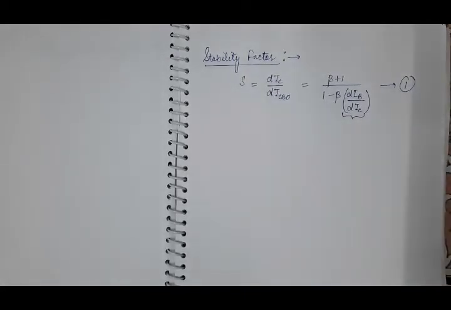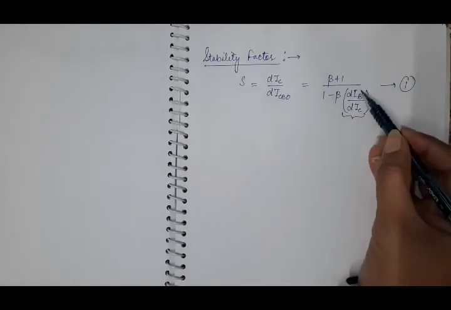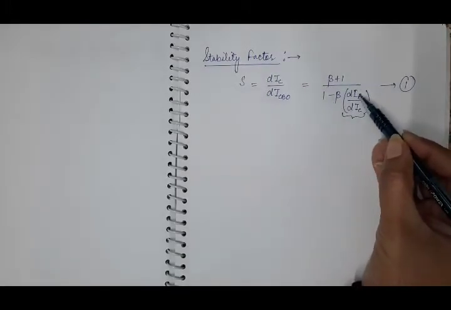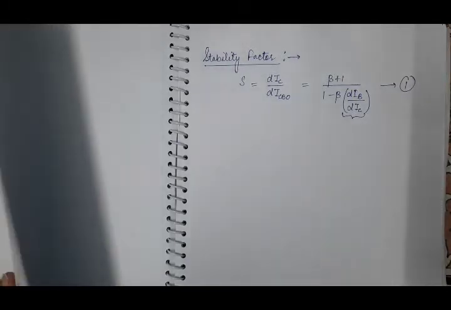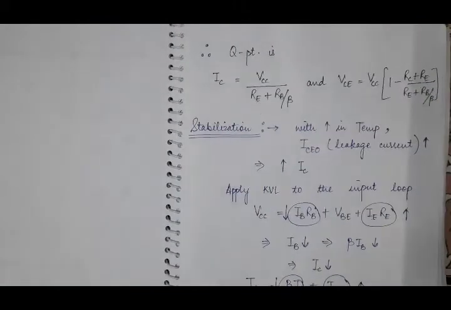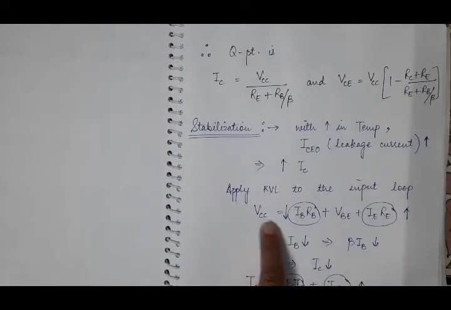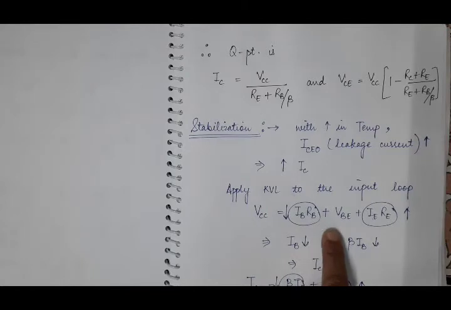And we know that we will find the value of IB in case of input circuit. So we will use the equation of Kirchhoff voltage law in case of input circuit, and that equation was VCC is equal to IBRB plus VBE plus IERE.